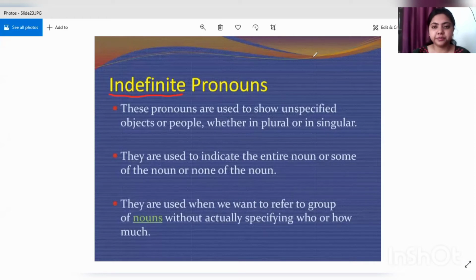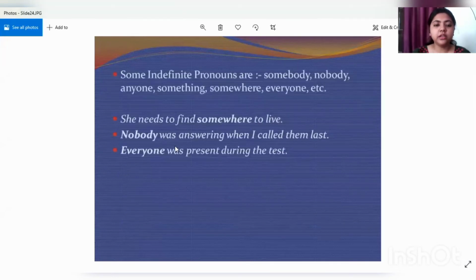We'll see the next slide. I have written over here some of the words which are used as indefinite pronouns, like somebody. I'm not sure who has done it, but somebody has done the mischief. I'm not sure about the name. If I were sure, I would have taken the name.